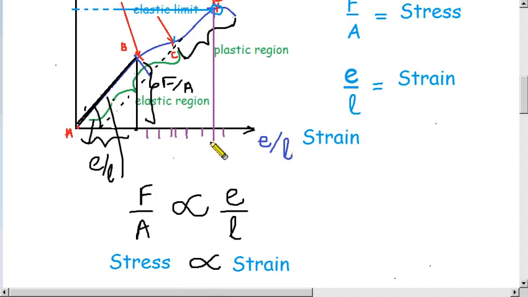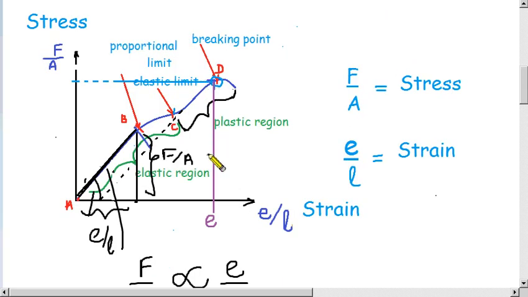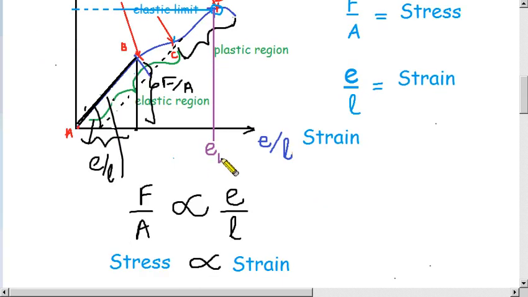So this value, how can we denote it? This value, E max or E breaking, just before the breaking point we can write it E breaking, B-R-E-A-K-I-N-G. We can write E breaking for this value, and L is constant however.